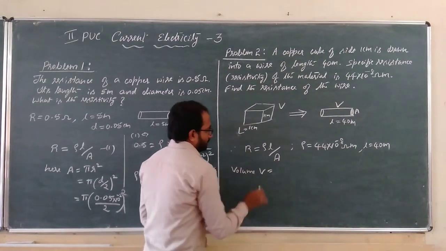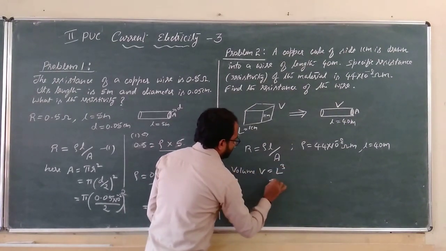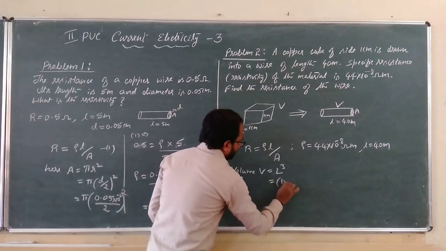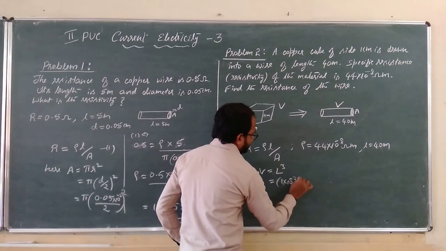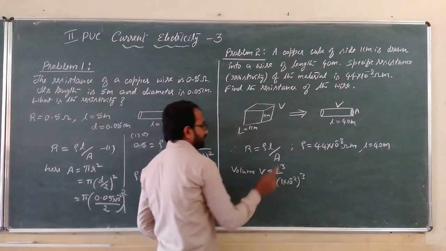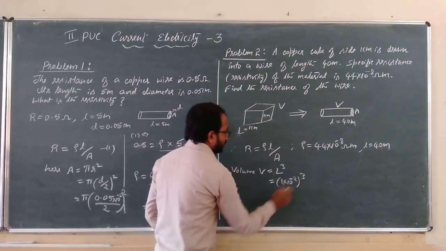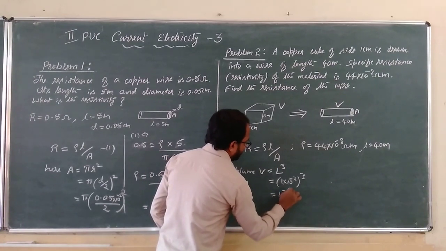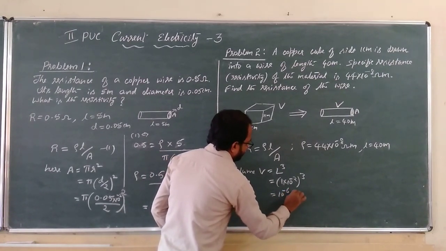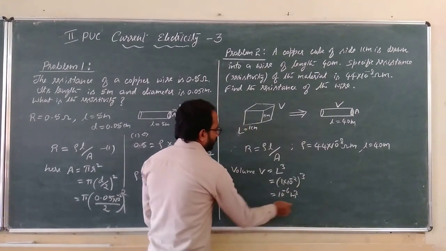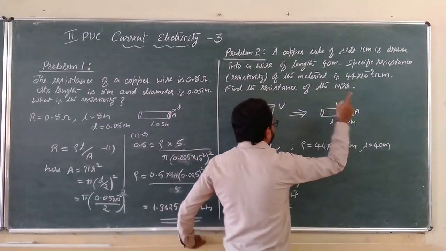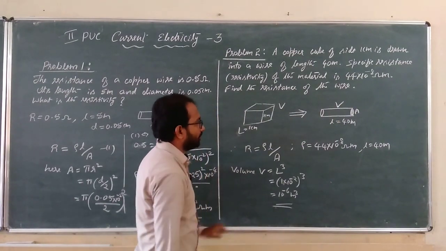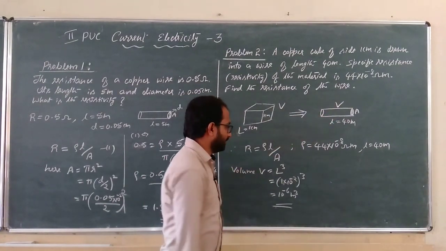L is the side of the cube, so 1 centimeter, where centi stands for 10 to the power of minus 2, cubed. So this is equal to 10 to the power of minus 6 meter cube. You got the volume of the cube, which is the volume of the wire.